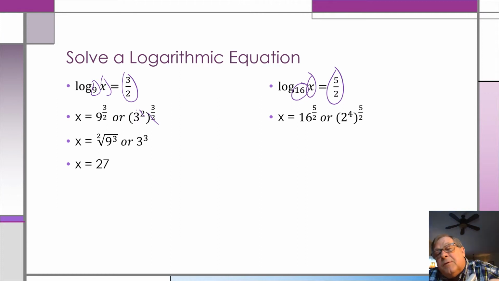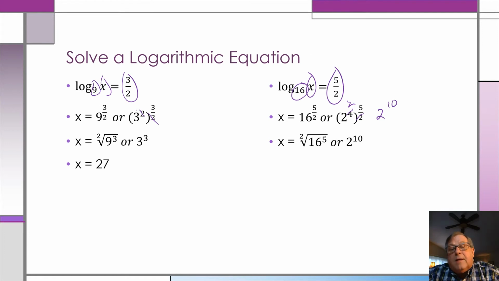I can do a little simplification here, 2, and then 2 times 5, and I can say, well, that's the same thing as 2 to the 10th power. And here we just write that out, where x is equal to either, depending on how you want to solve it, the square root of 16 to the 5th power, or 2 raised to the 10th power.